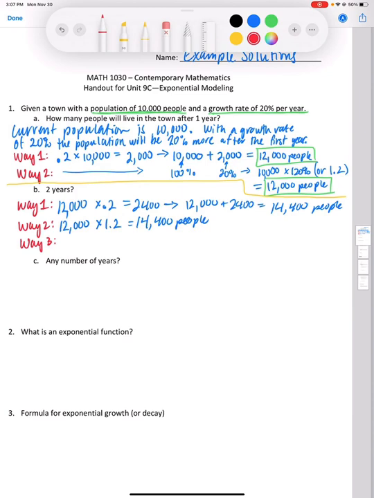Way number 3. Let's take a look at how to calculate the population after 2 years. Let's include the population after 1 year in our calculation. So we have 10,000 times 1.2. Then multiply that by 1.2. We'll do that for the first year and the second year. So this is the population after 1 year.